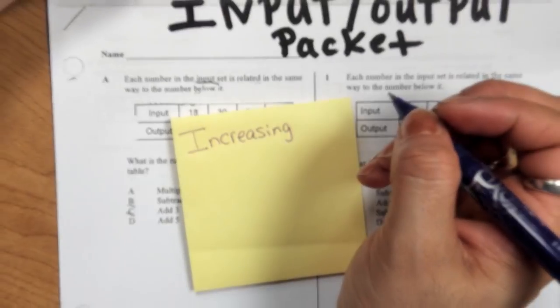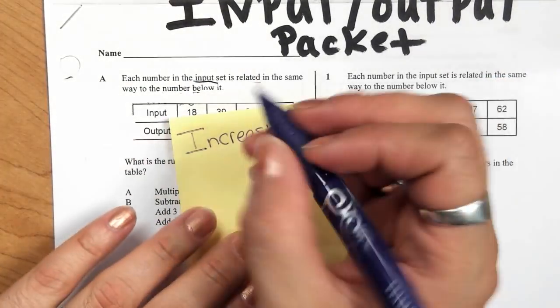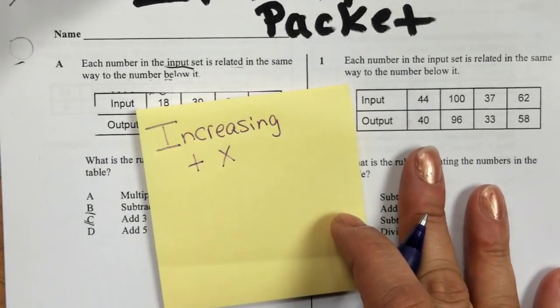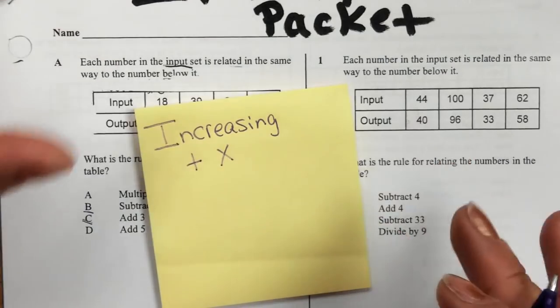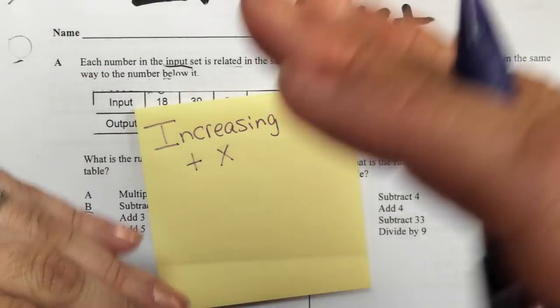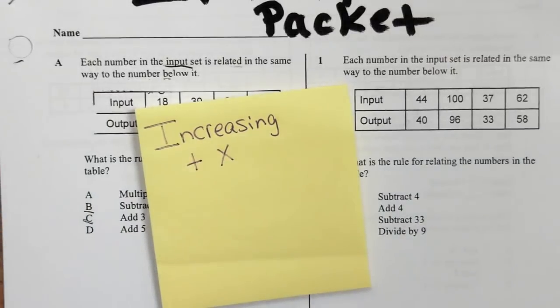that means if going from left to right or top to bottom, if the numbers are increasing, they're either going to add or they're going to multiply. If the numbers are increasing, if they're getting bigger, they're going to add or multiply.